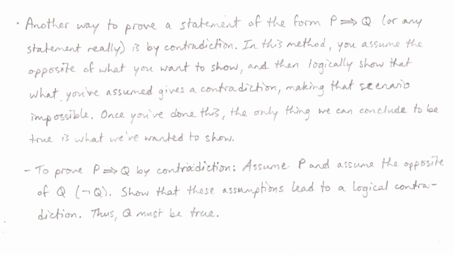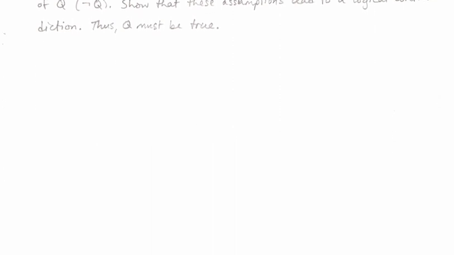Typically, these logical contradictions involve something like X has some particular property, and then later on you find out using your rules of logic and your known statements and theorems that X cannot have that same property that you just said that it must have. And that's your clear logical contradiction. That says, okay, my assumption of not Q here is wrong, therefore Q has to be true. So that is our proof by contradiction.